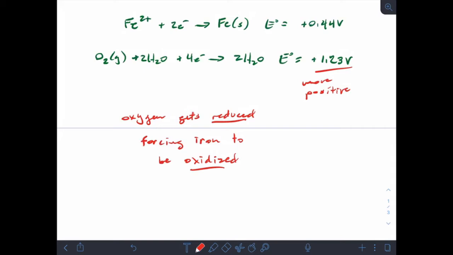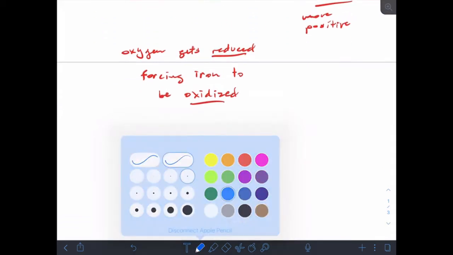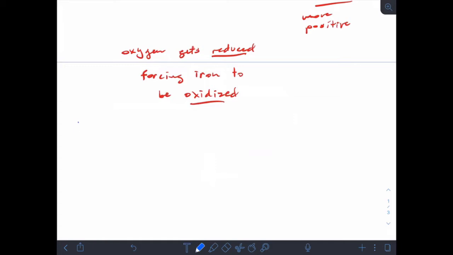So how do we prevent this? There are ways to prevent this corrosion. And there are a couple of ways, the simplest of which is a thing called a sacrificial anode.